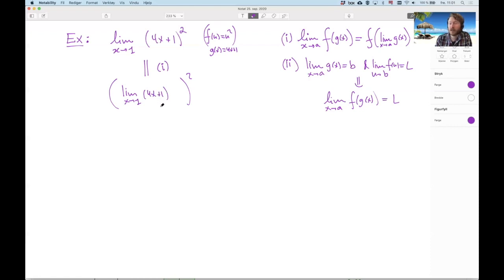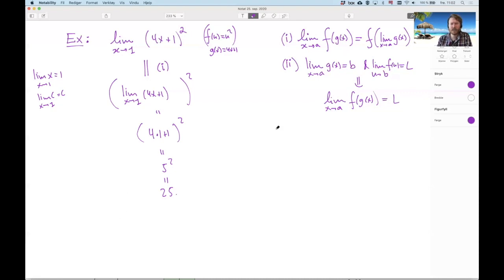And then, depending on how careful you are in the rulebook, you can break this up even in smaller pieces, saying at the very end that the limit of x as x tends towards 1 is 1, and the limit of a constant as x tends toward 1 is the constant. Or you can just say that it's clear that this will go to 4 times 1 plus 1, and then you have the square here, and now you'll have 5 to the square, and you'll get your 25 in the end. So this is one way of doing it.